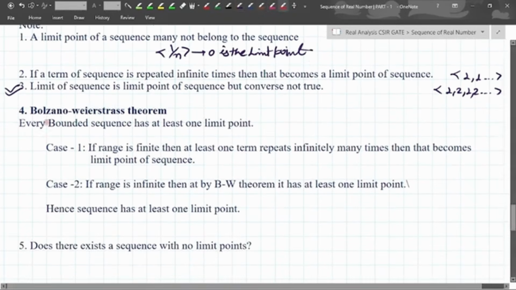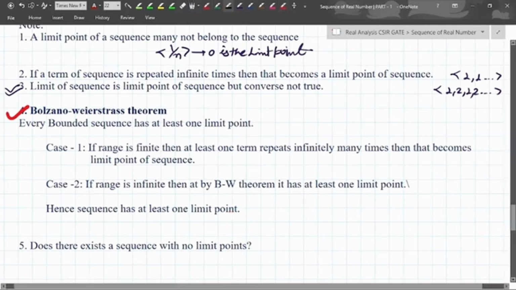Next one is the Bolzano-Weierstrass theorem. This is an important theorem because it says that every bounded sequence has at least one limit point. Using this theorem, I will be able to say every sequence has at least one limit point. Now, how will I justify my answer?